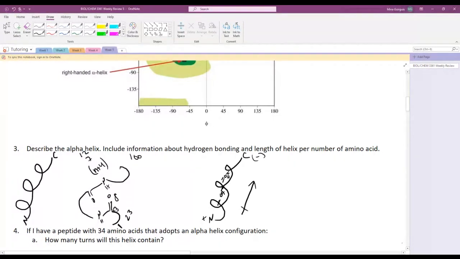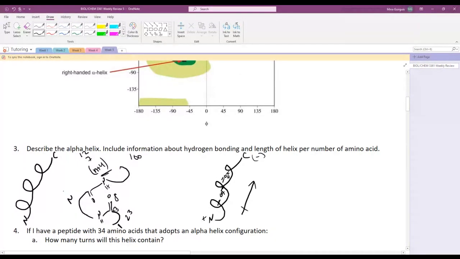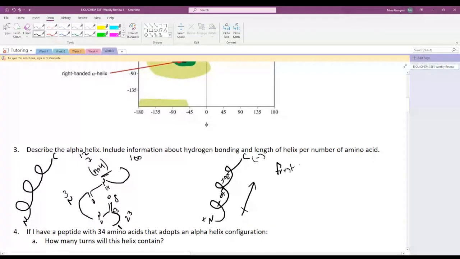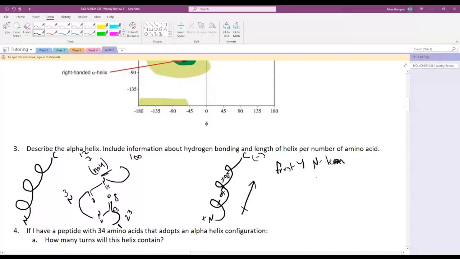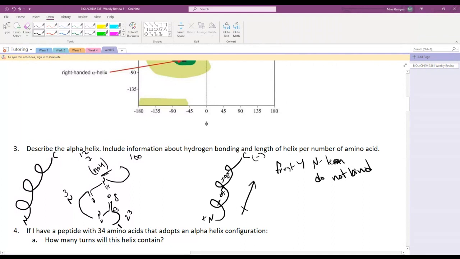So let's get a couple more numbers in. I mentioned earlier it binds to the N plus 4th residue. So because of that, where would the N terminus of residue 3 bind? 3 minus 4 would give us -1. It can't. And so the first four N termini do not bind because they don't have a C-terminus to bind to beneath them.